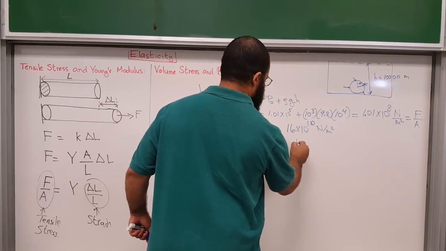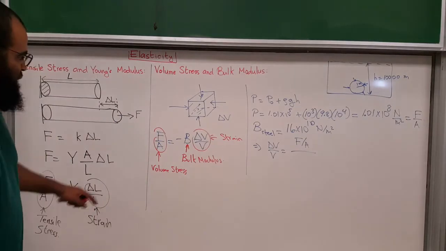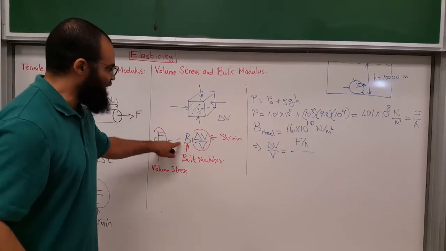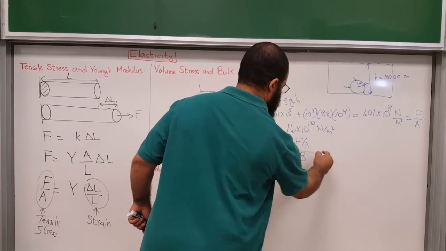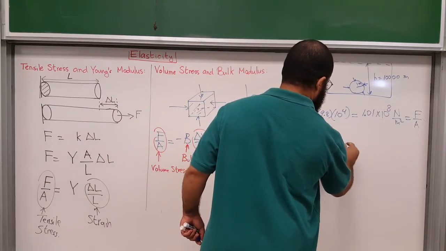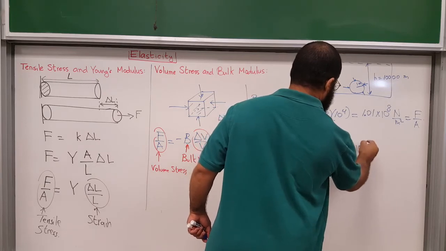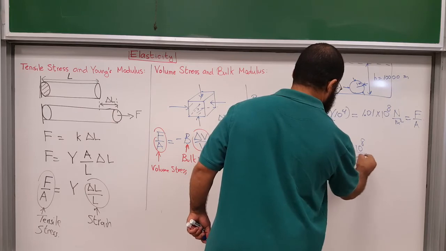this F over A divided by negative B. So we get negative 1.01 times 10 to the 8th divided by B, which is 16 times 10 to the 10th.